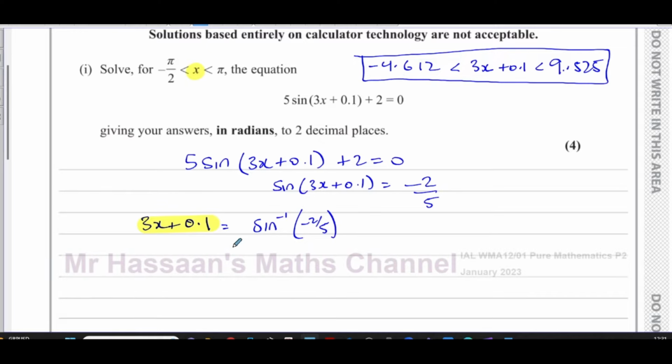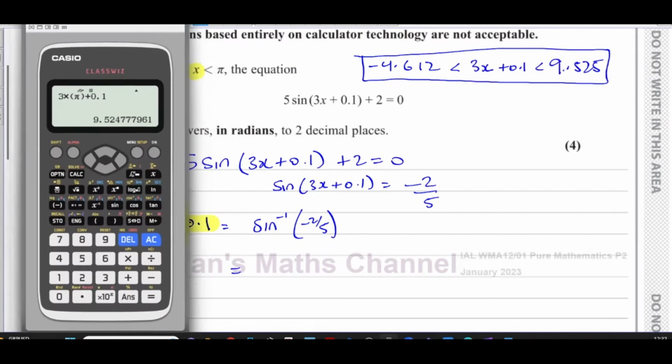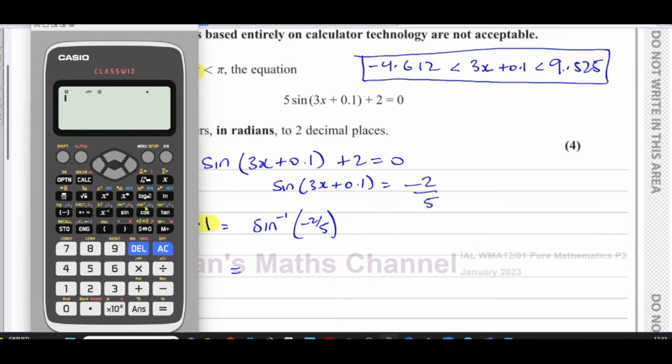So first of all, I'm going to find out what the inverse sine of minus 2/5 is. I'm going to take this minus 2/5 and take the inverse sine. First, I'm going to make sure we are in radian mode, and we are in radian mode, as we can see. If we're in degree mode, we have to change it to radian mode. So inverse sine of negative 2/5 gives us negative 0.4115.